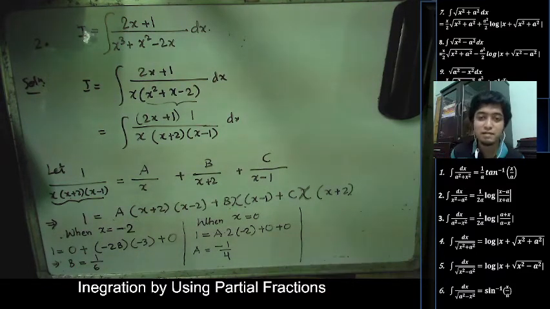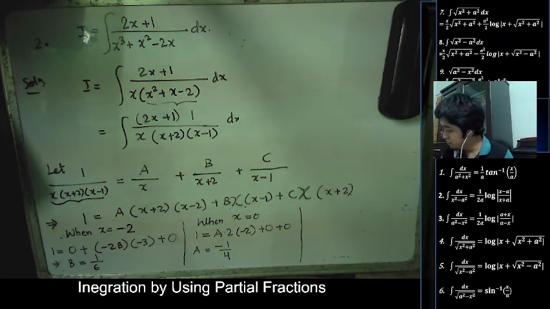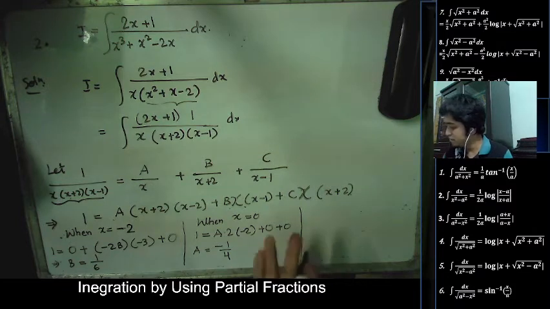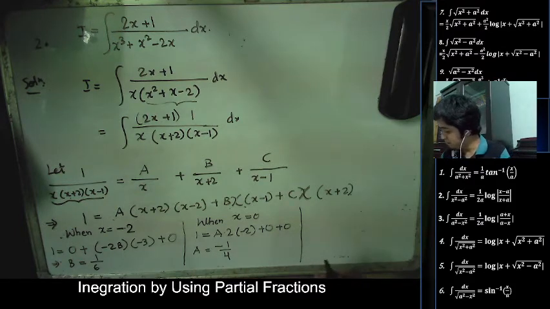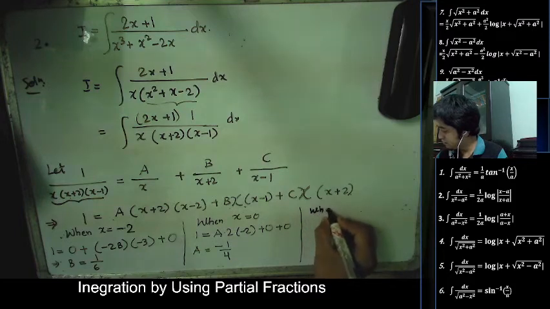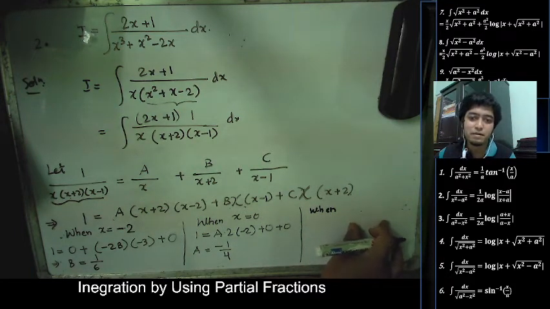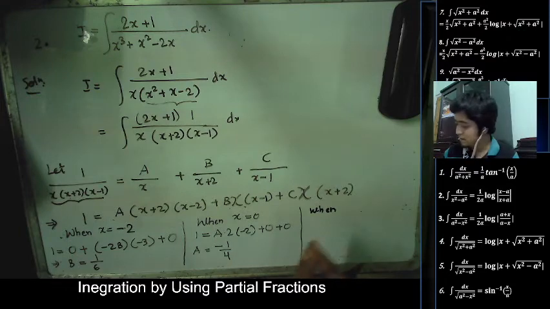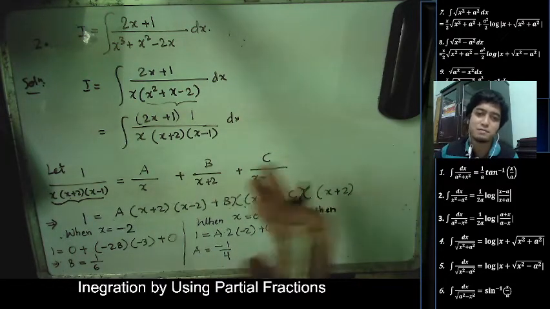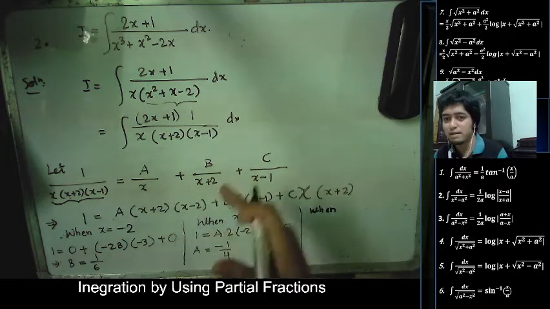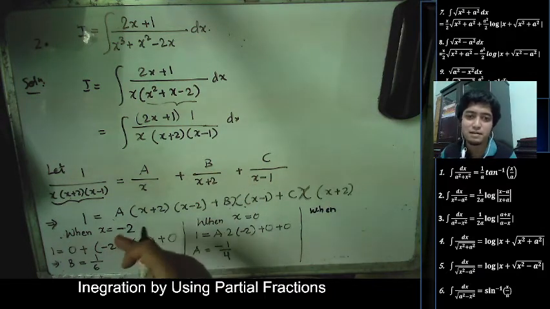Now let us put another value of x. We can do it with any value, in fact. We can even do it with 1. It doesn't really matter. We can choose any value over here, but let us choose the smallest one that will make our calculation easier.